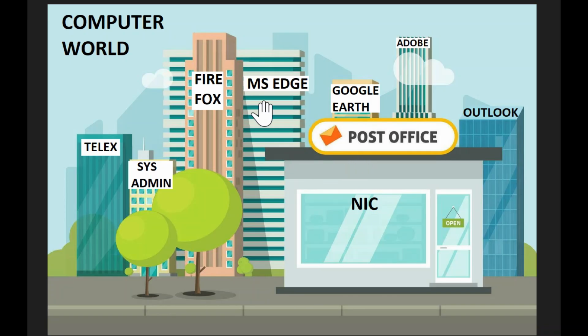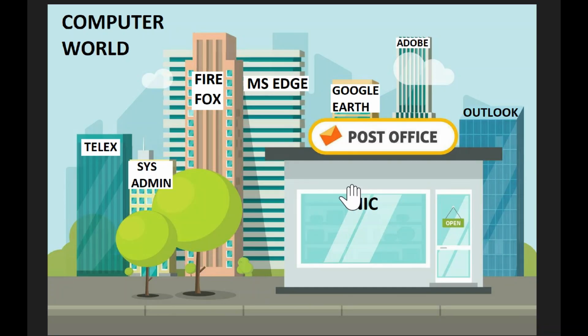So in this computer world, the post office is represented by the NIC, the Network Interface Card. This is where all the applications need to come to do their in and out, to get on the internet or the LAN or whatever your Ethernet section is connected to do its business.